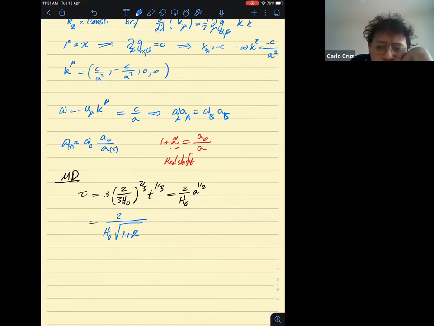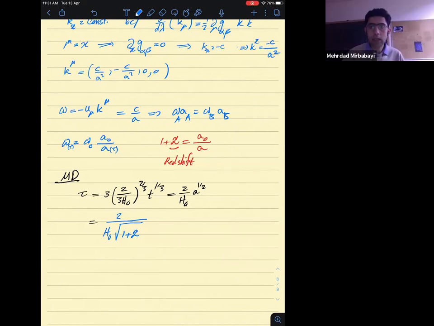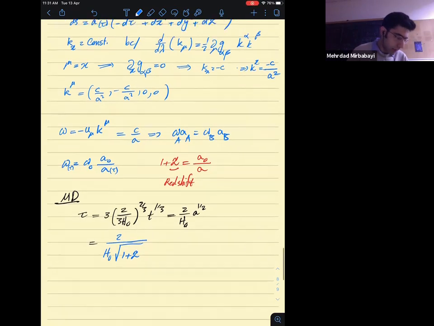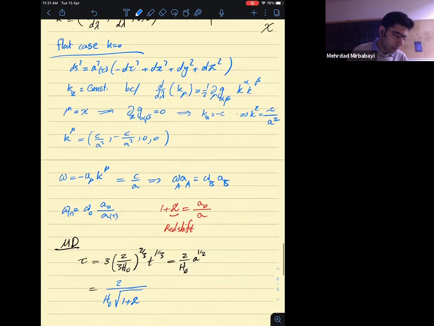In the last formula, you rescale a0 equals to 1, no? Yes. Yes, because we are in the case of flat cosmology.